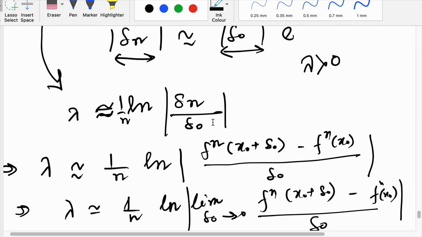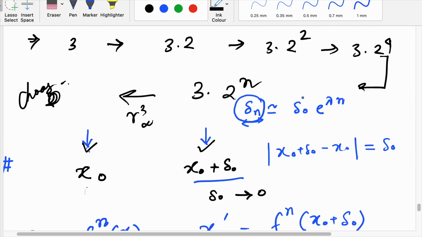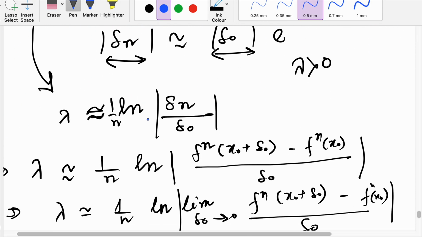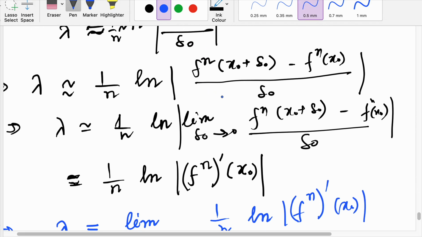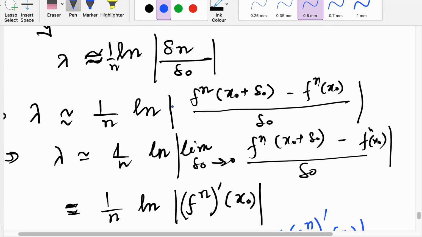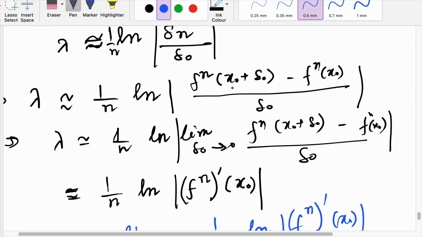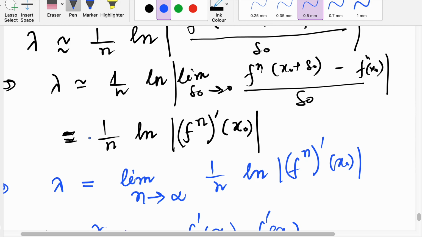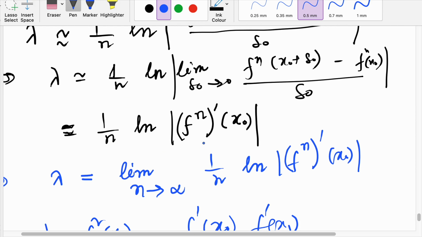From here, lambda is basically 1 by n ln delta n by delta 0. From that, by algebraic jugglery, we have shown that lambda equals 1 by n ln of the first derivative of f n at the fixed point or x0, so that will give us the lambda.